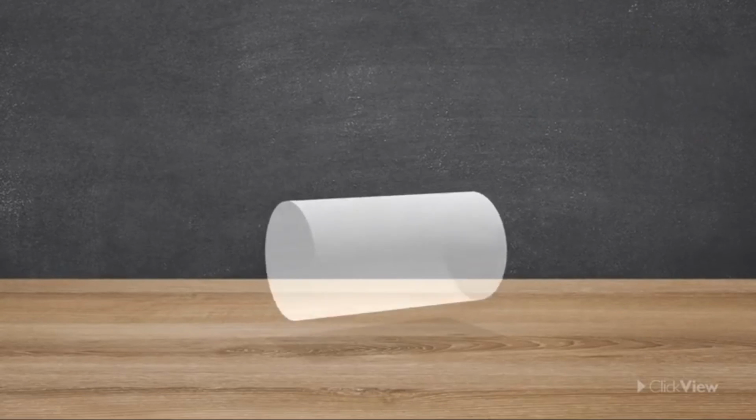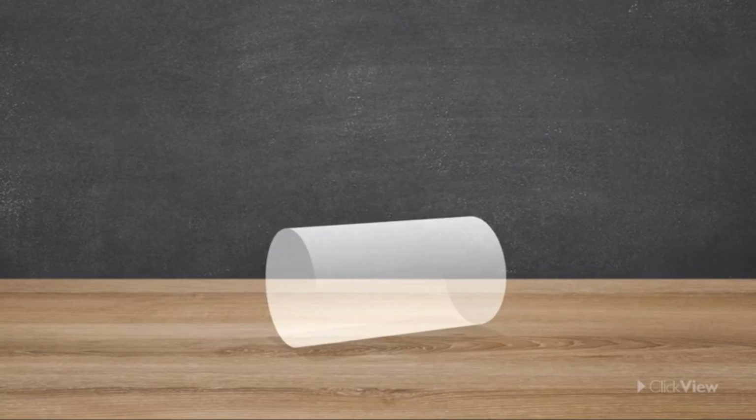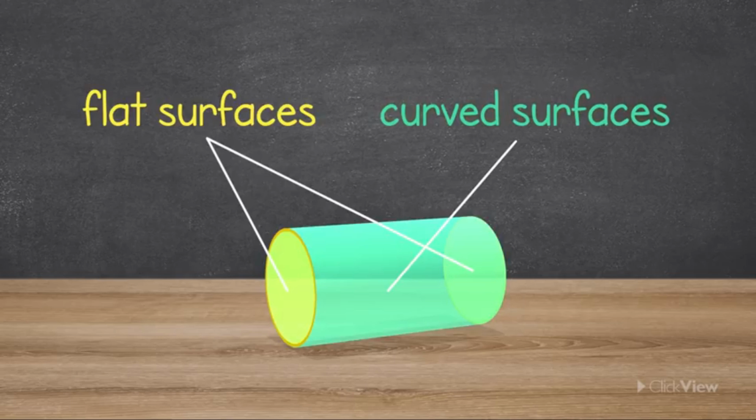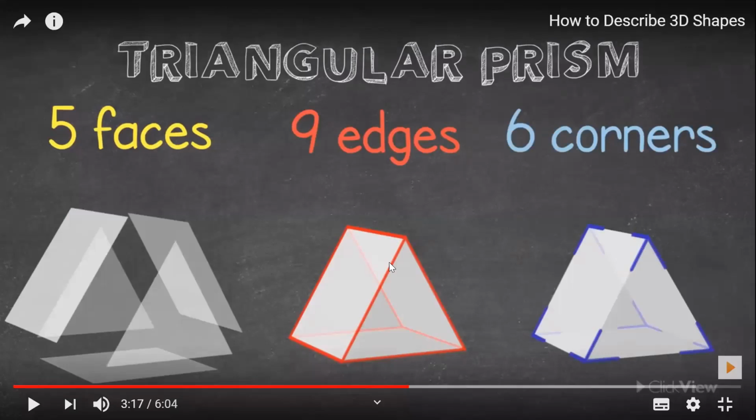However, some 3D shapes have more than just flat surfaces. Some have curved surfaces, but we don't call them faces. So this shape, which has the triangle shape, is called a triangular prism. Let's see.